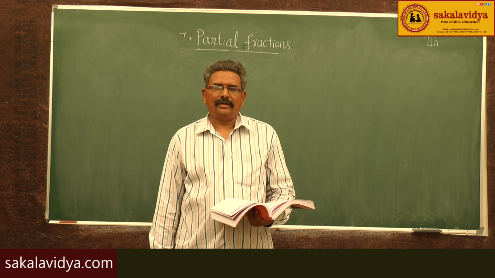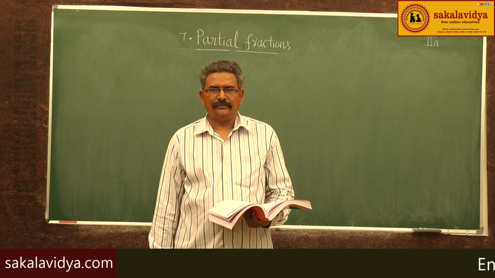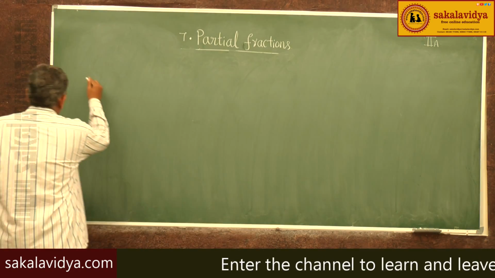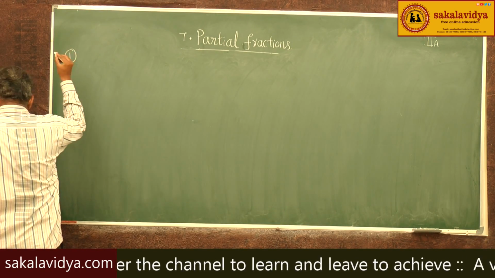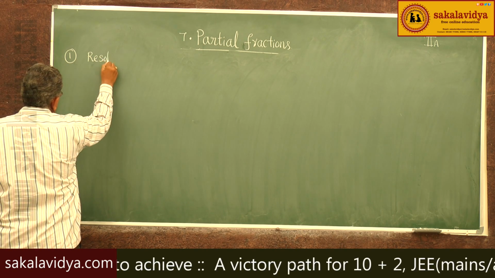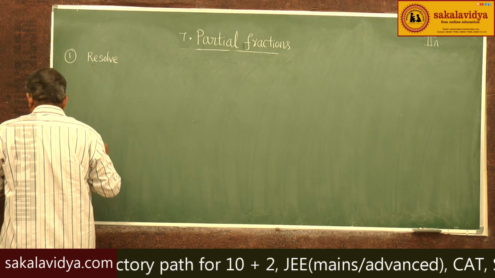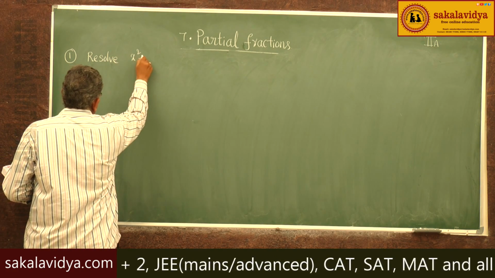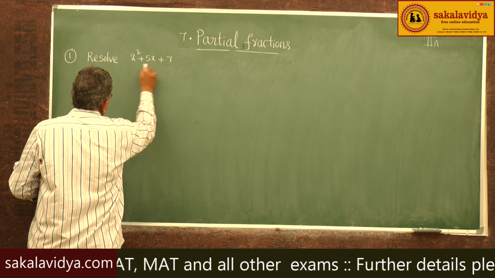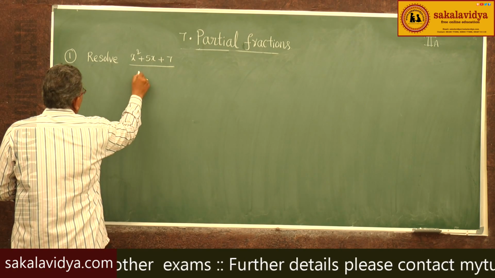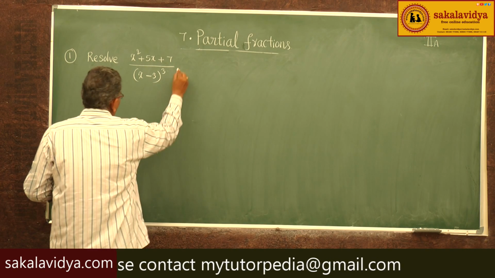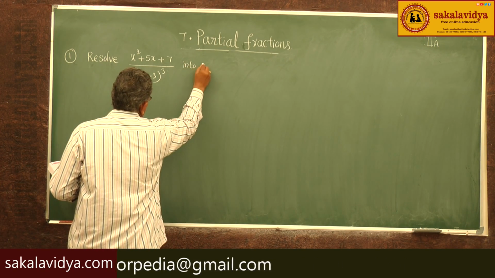Now let us solve the problems on rule number 2. First problem. Resolve x square plus 5x plus 7 by (x minus 3) whole cube into partial fractions.